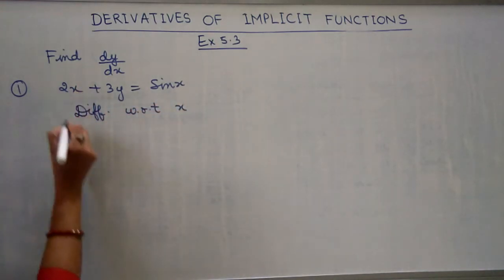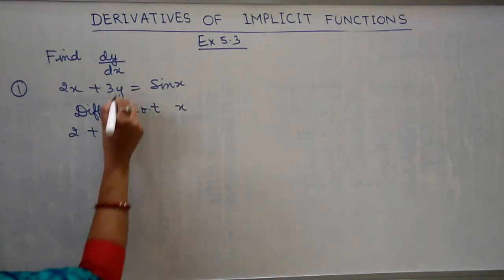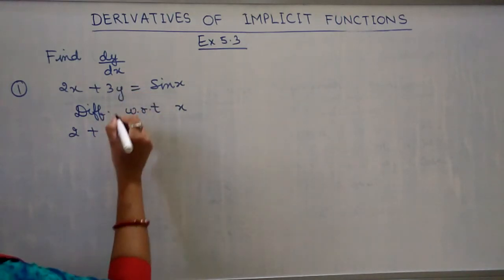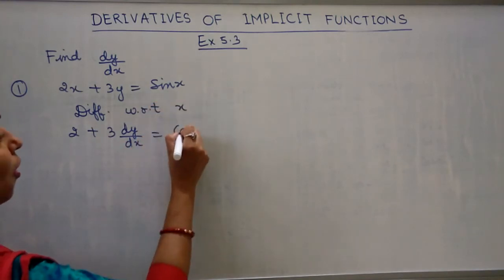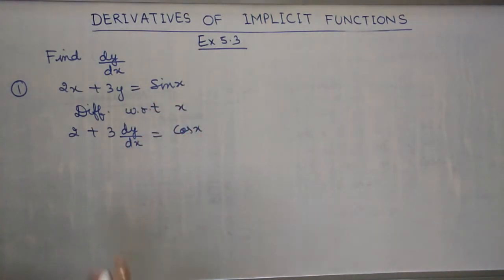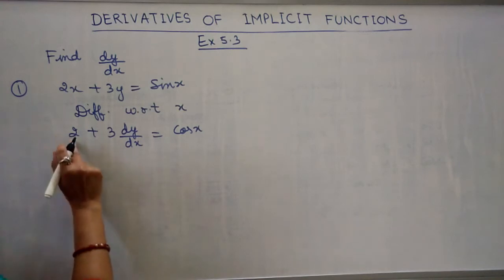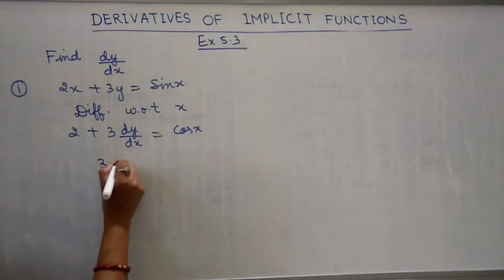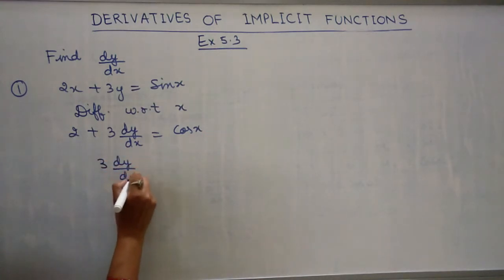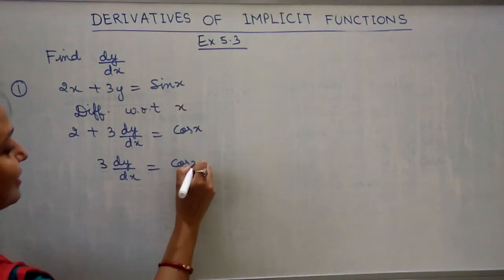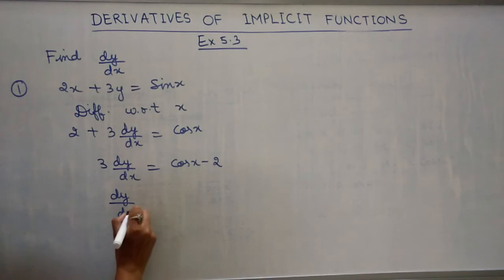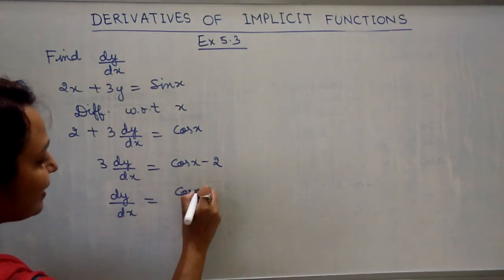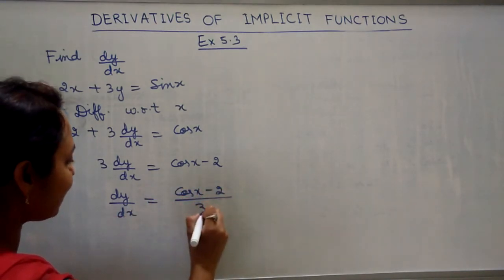When you differentiate, there is 2 plus 3, and the differentiation with respect to x, therefore there is dy upon dx, is equal to cos x. For finding dy upon dx, we will take it on the right hand side. 3 dy upon dx is equal to cos x minus 2, and this dy upon dx is equal to cos x minus 2 divided by 3.